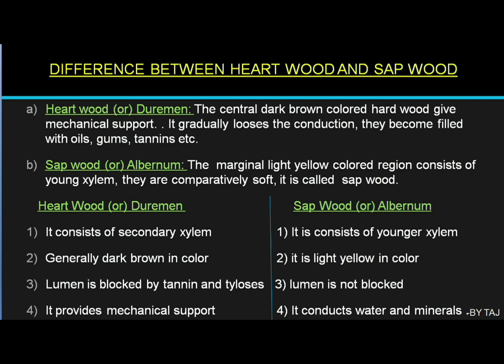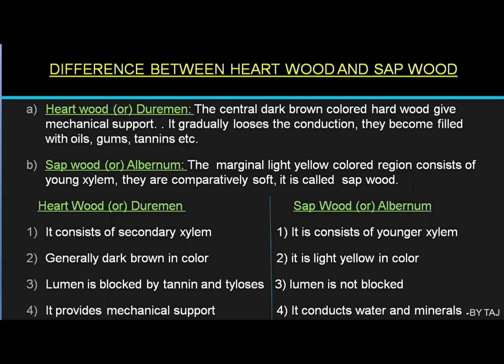Coming to the difference between heartwood or duramen and sapwood or alburnum. Heartwood consists of secondary xylem, but sapwood consists of younger xylem because it is present at the peripheral region, and it is light yellow in color, but heartwood is dark brown in color. The lumen, the space present inside, is blocked by tannin and tyloses in heartwood.